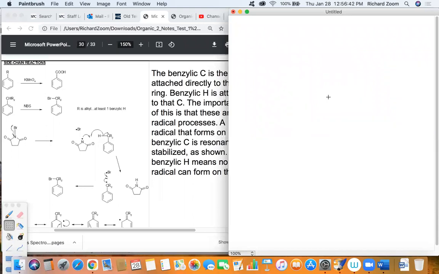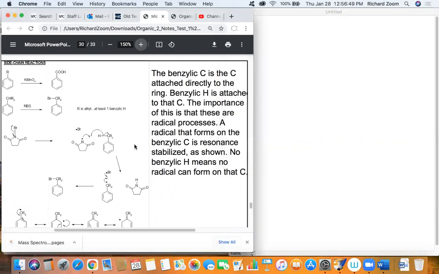Okay, side chain reactions. So there's a couple of side chain reactions we're going to talk about. The first one is oxidation. That's where we use some sort of very strong oxidizing agent to turn any alkyl benzene into a benzoic acid type situation.